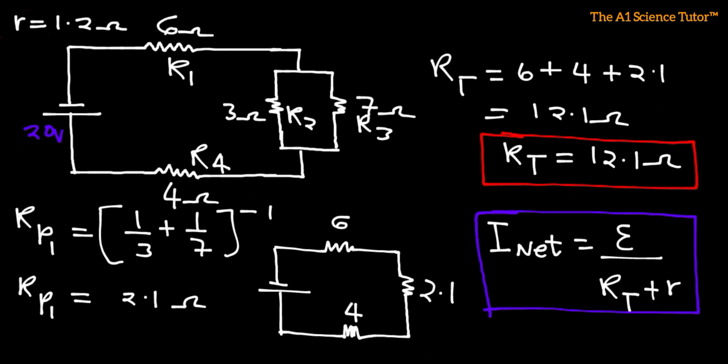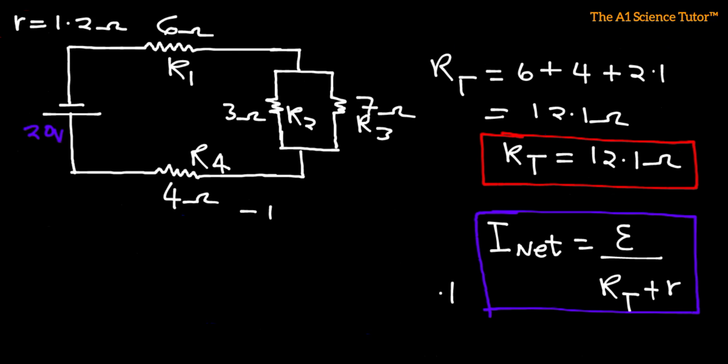Having got that, we can now go back and find the net current within this circuit, because we already have the internal resistance. This is the internal resistance, and we also have the EMF of the DC source, which is 20 volts. So the net current, which could also be represented as IT, is equal to E, which is 20, divided by RT, which is 12.1, plus the small r.